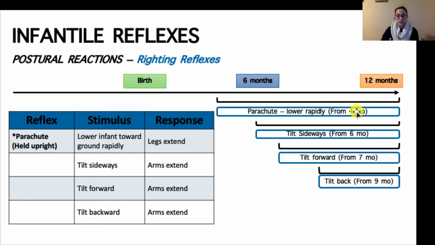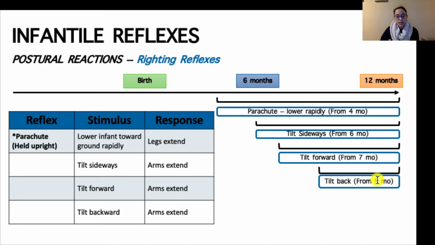That's usually from 4 months to 12 months. If you tilt them sideways, you'll notice their arm extends, usually around 6 months. Tilt them forward, arms will extend around 7 months. Tilt them backwards, arms will extend around 9 months.